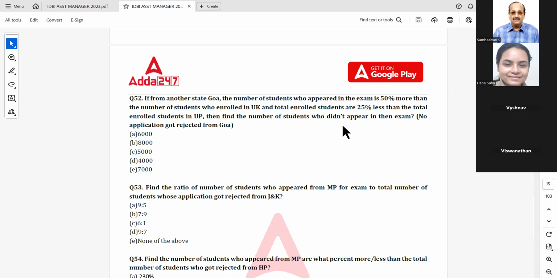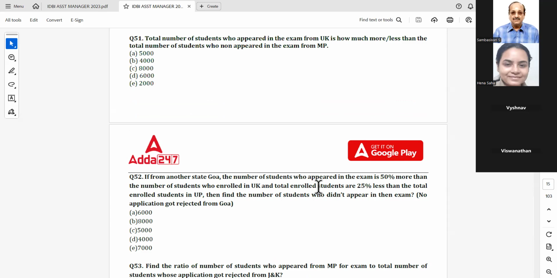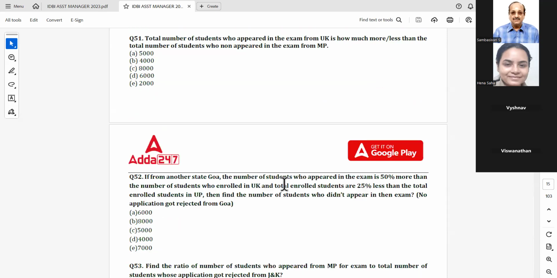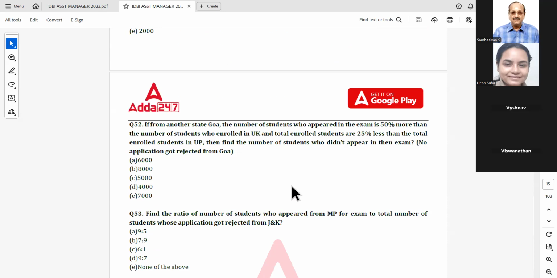In that 50% more means we will get 30,000, sir. Oh, acha acha. Very good. I took wrongly another figure that we have arrived. Oh, correct. You are right. 20,000, 50% more means 30,000. Correct? You will have 30,000 appearing from Goa.